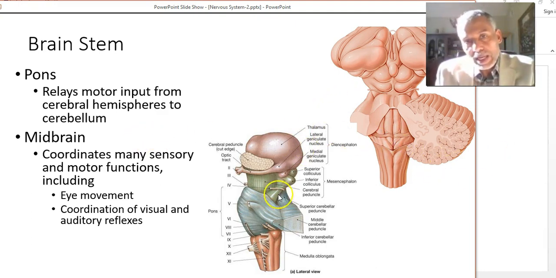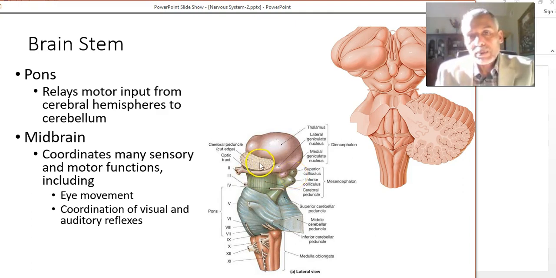The midbrain sits on top of the pons. And again, as you can see, it continues through to the spinal cord. But for simplicity, we give it a special name, and it gives rise to different cranial nerves. For this reason, it has control over particular functions.